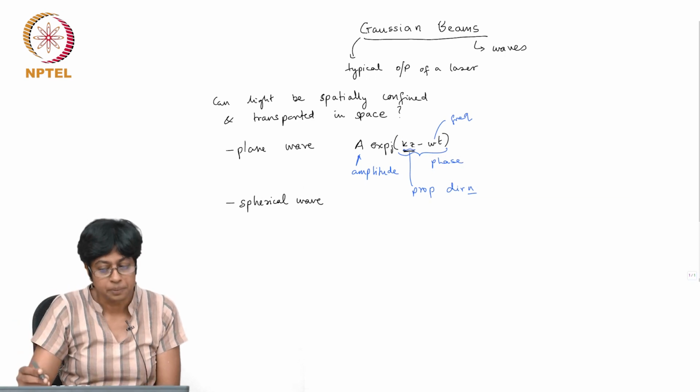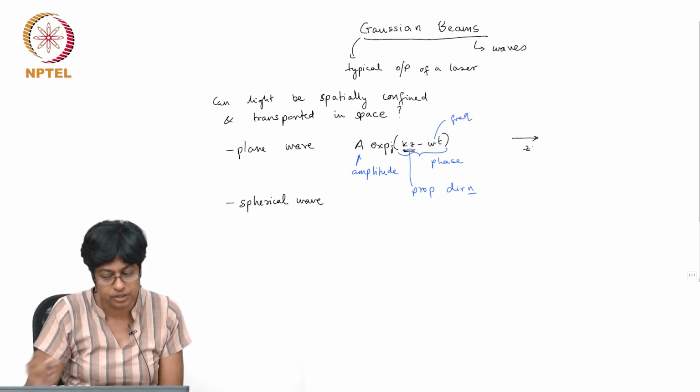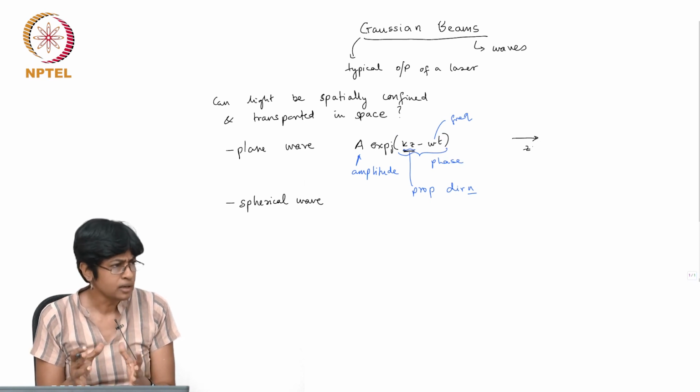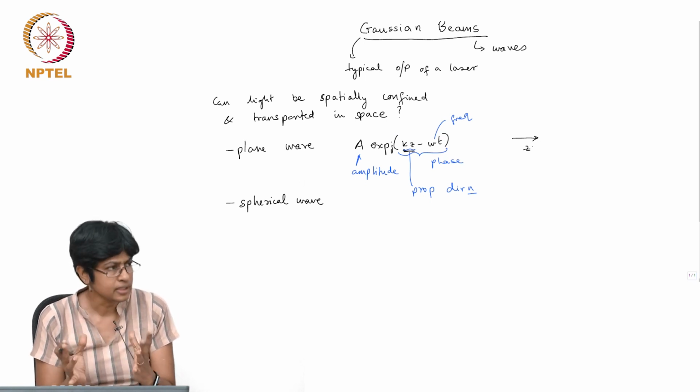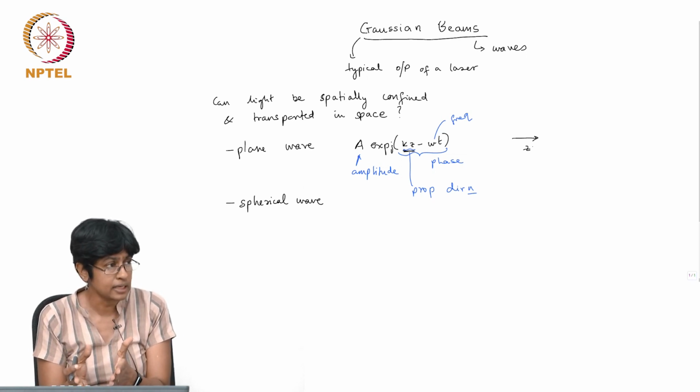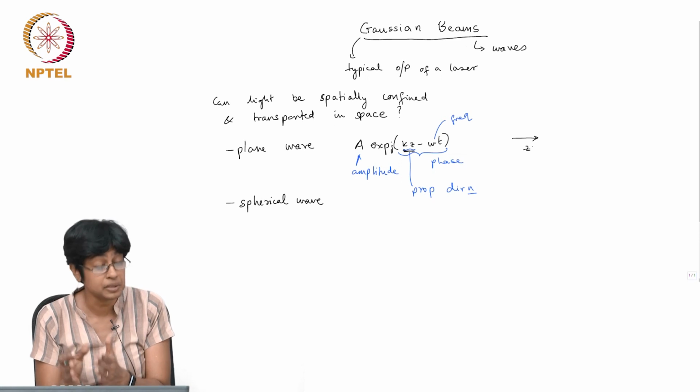Okay, so it's propagating in the z direction, but it's not a practical wave. I can never realize this wave in a lab. When I say this wave, I mean what is expressed by this equation.